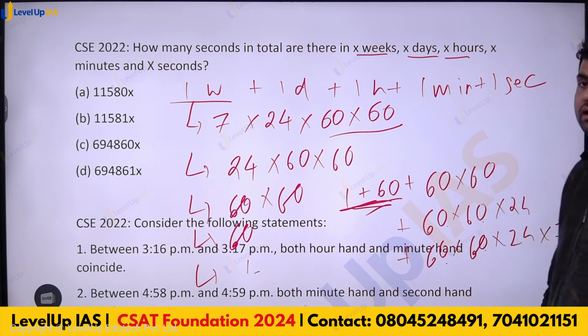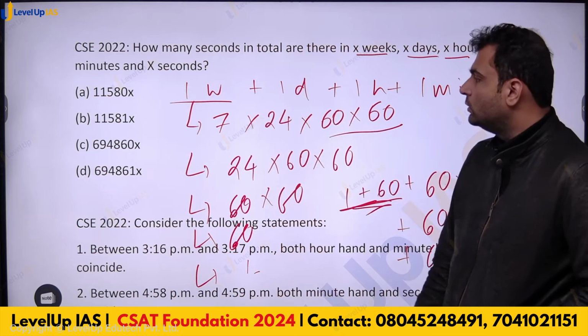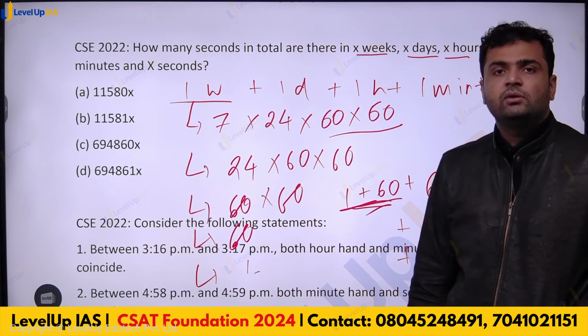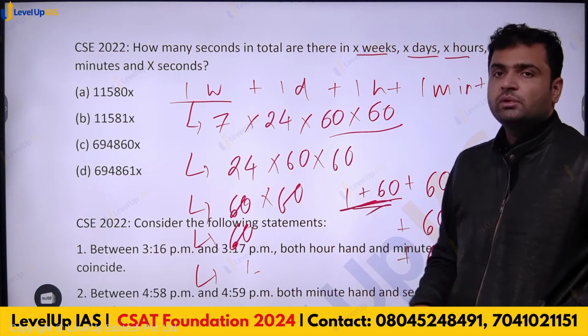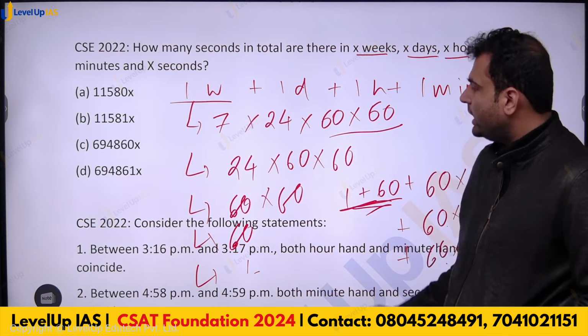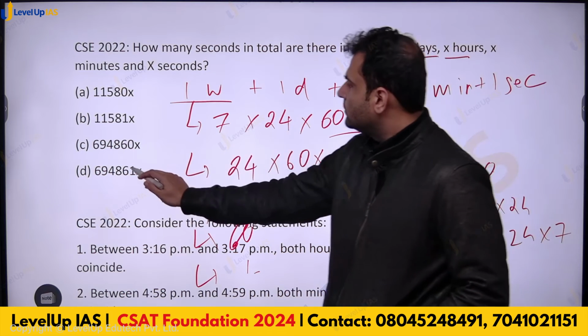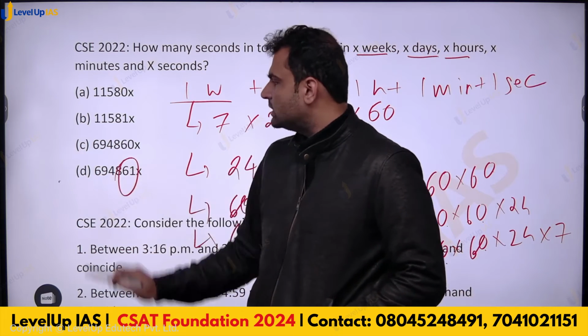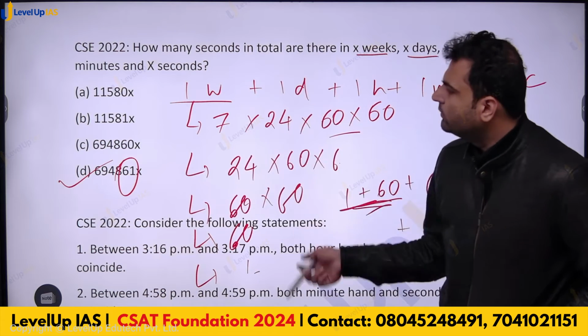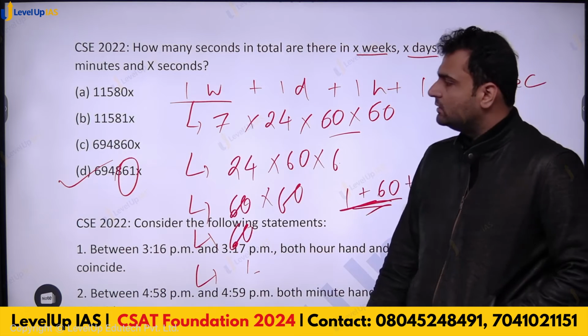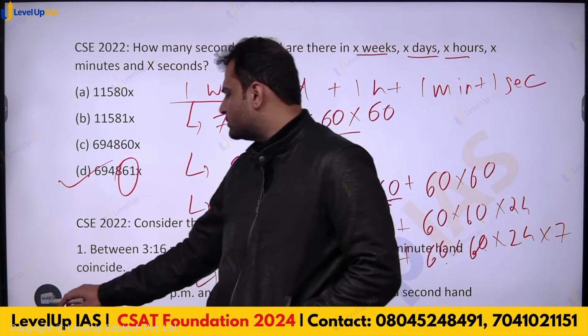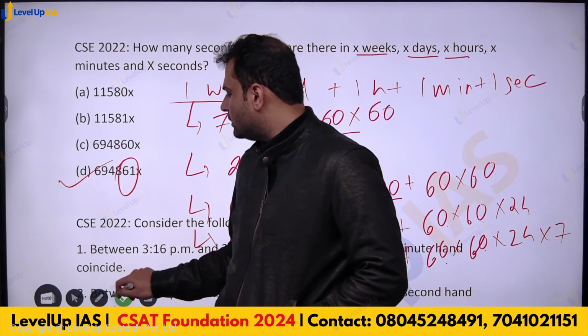So nothing, when we add all those terms, would affect this 61 at the units and tens place. So at the end we should have 61 and then other things. Where is 61? Only one place. The answer here is D. You can calculate fully and verify that it is in fact the answer, but there is absolutely no need to fully calculate here.